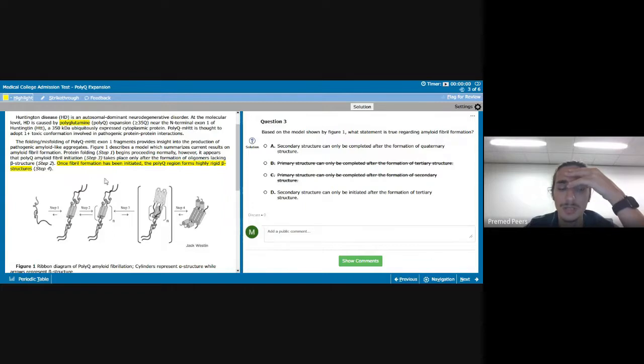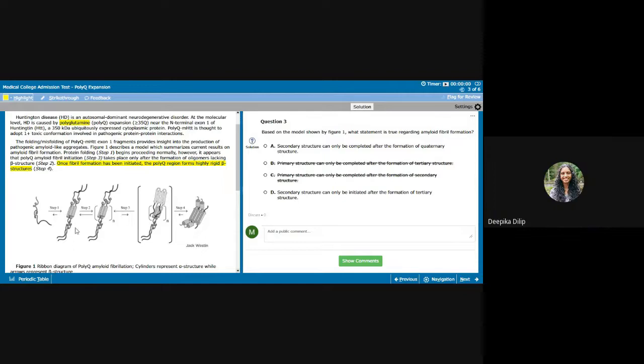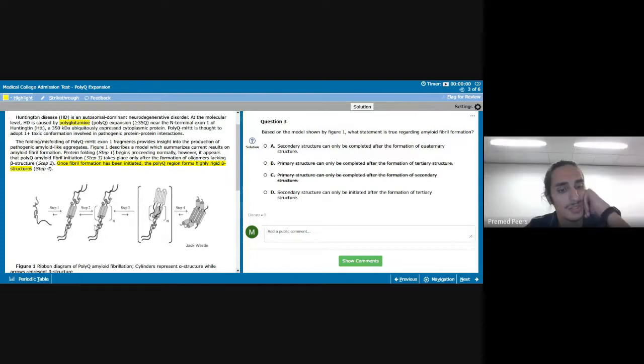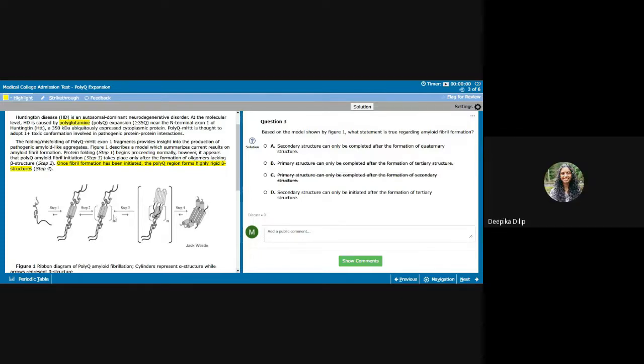Let me make it easier. What do we see in the beginning? Cylinders, alpha, arrows. If those are alpha helices, that would be secondary. But what is this? Oh, that's a polymer, so that would be A. Let's make it even easier.